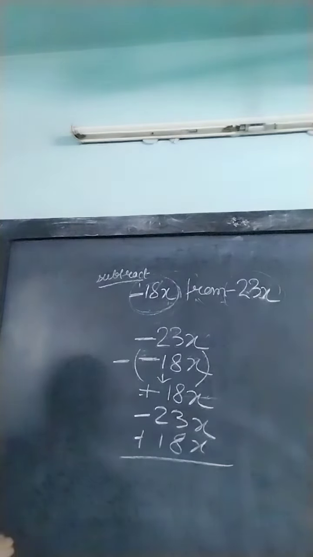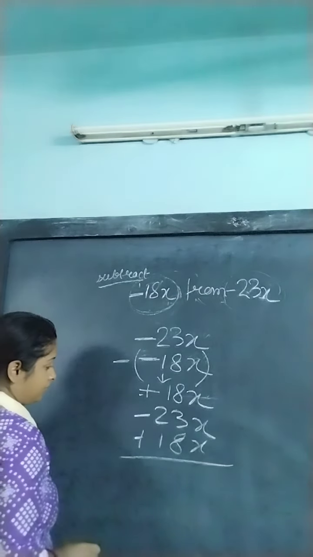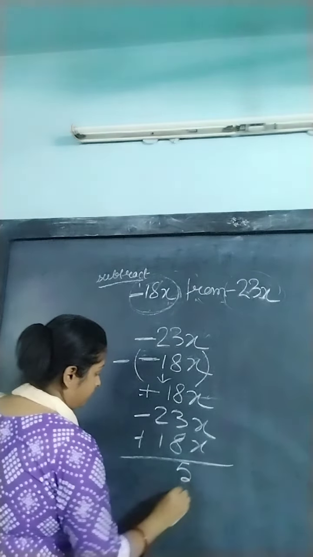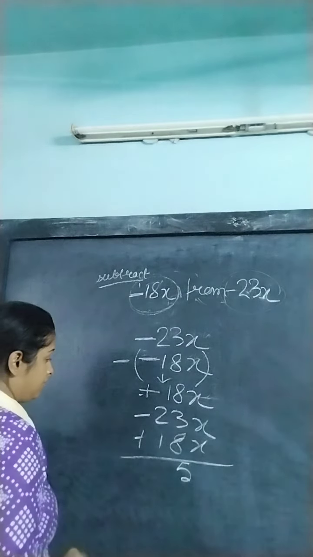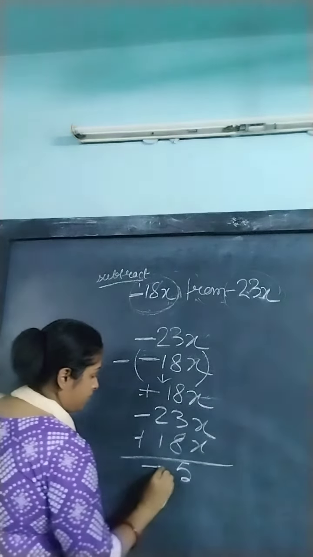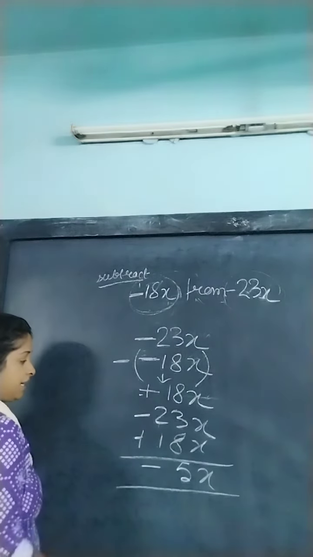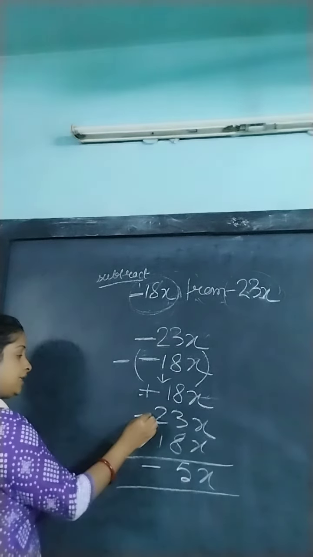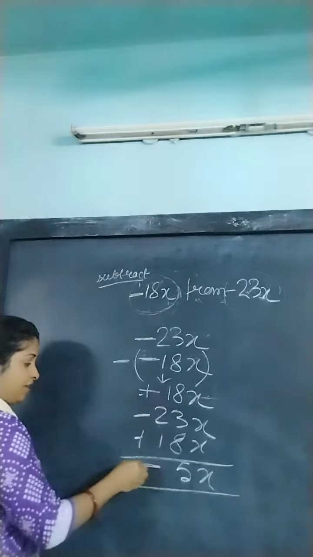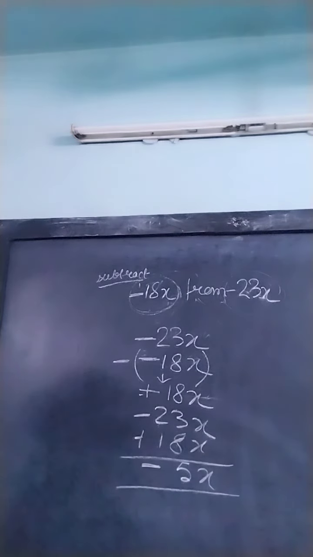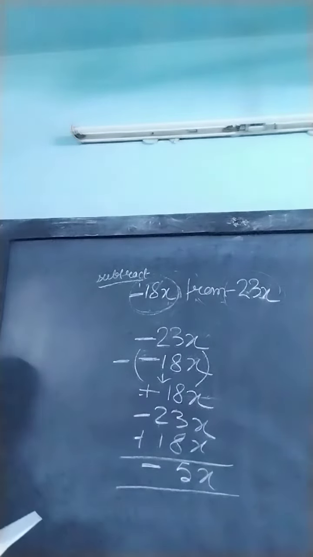So it will come as minus 5x. From 23, if we subtract 18, we are going to get 5. But since 23 is a larger number, so minus 5x we are going to get as the answer. In this way, we are going to solve the sum.